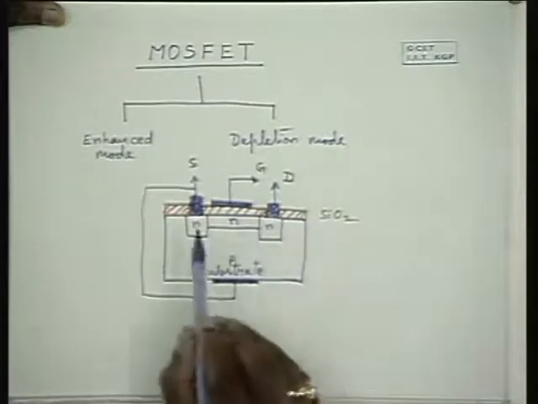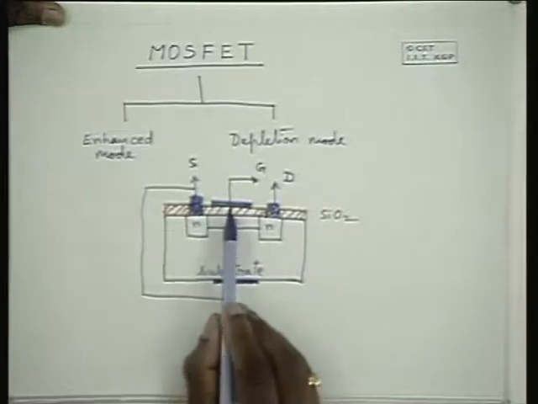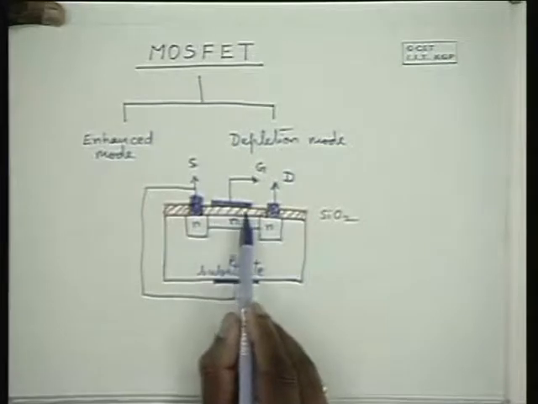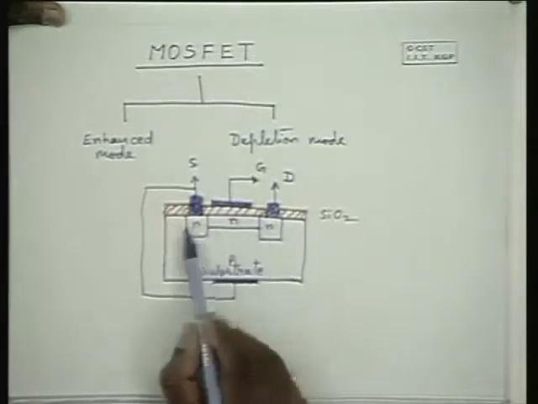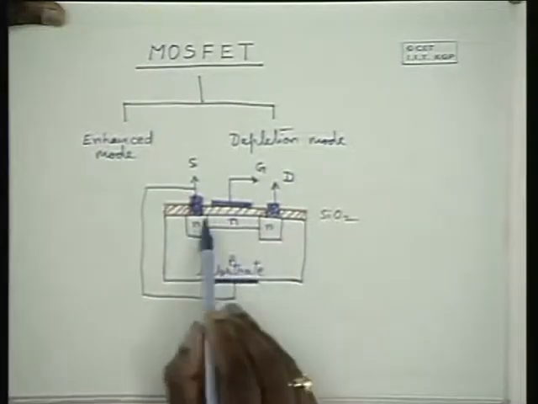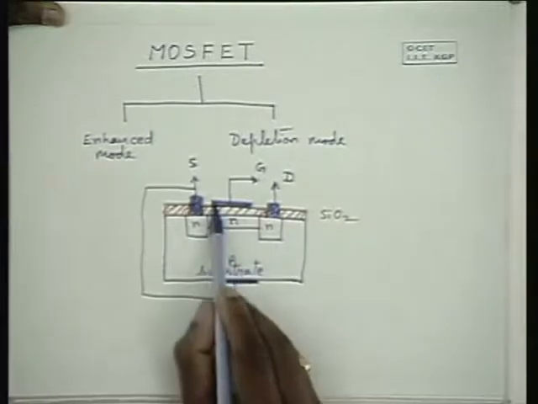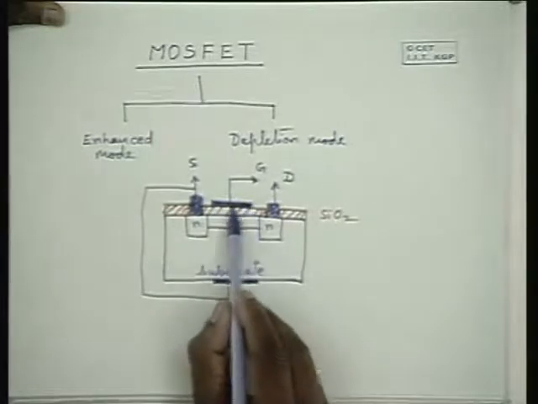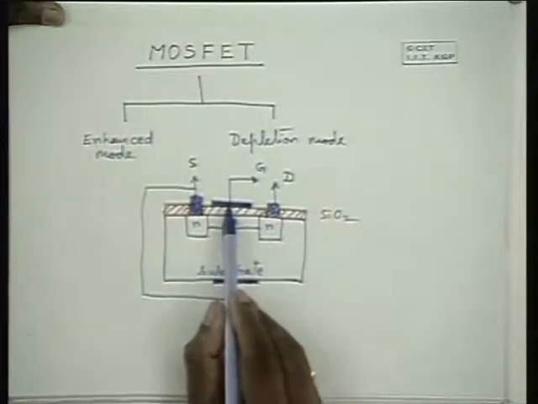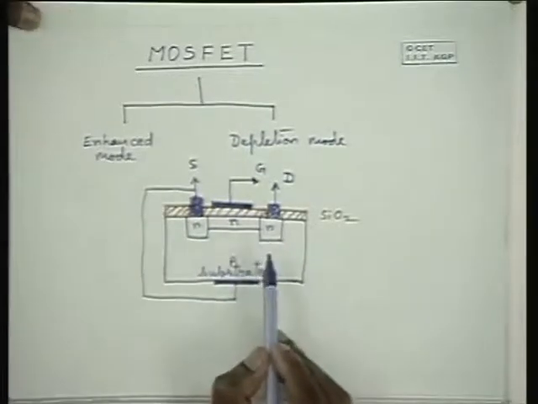Please note that the difference between a JFET and MOSFET is as shown here. In a JFET, we grow a p-type region over here to control the channel. Now a p-type region is no longer used to control the channel. Instead, a parallel plate arrangement is made and a potential is applied here, and this potential now influences the channel characteristics.